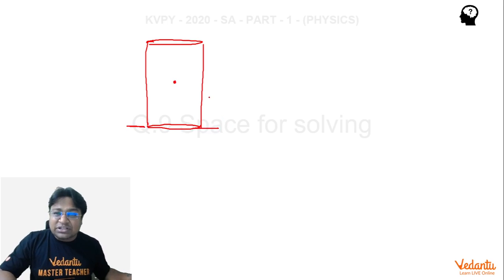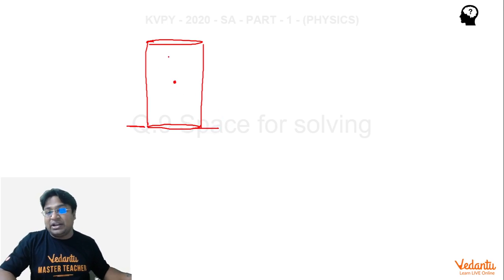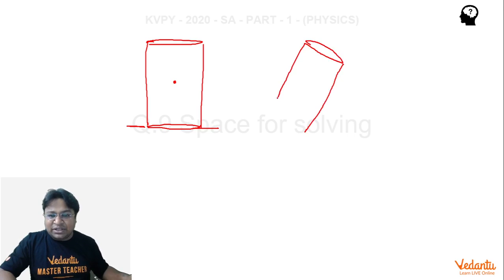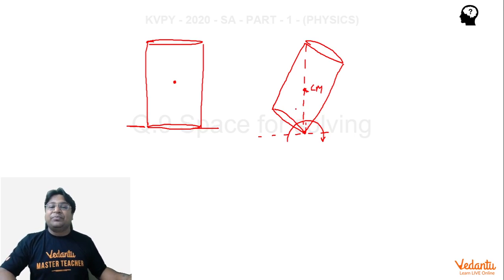Now if I ask you when will this cylinder topple, you will probably say that when we reach a stage such that the center of mass of the cylinder is vertically above this point about which the cylinder is being rotated. When the center of mass reaches vertically above this point, that is the stage when the cylinder will begin to topple by itself. Like if we just tilt it a little bit further, it will topple.